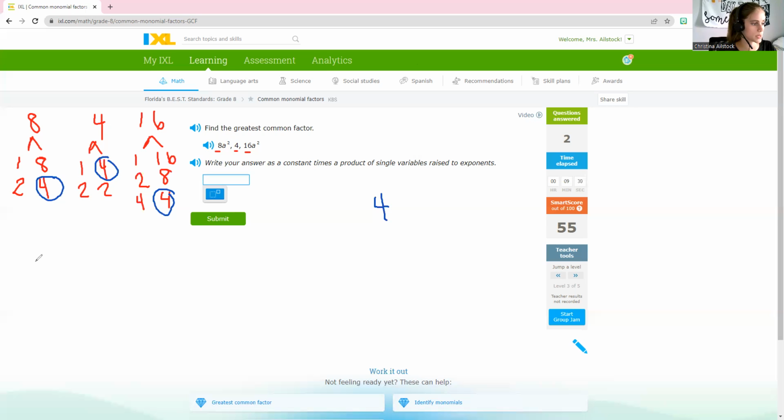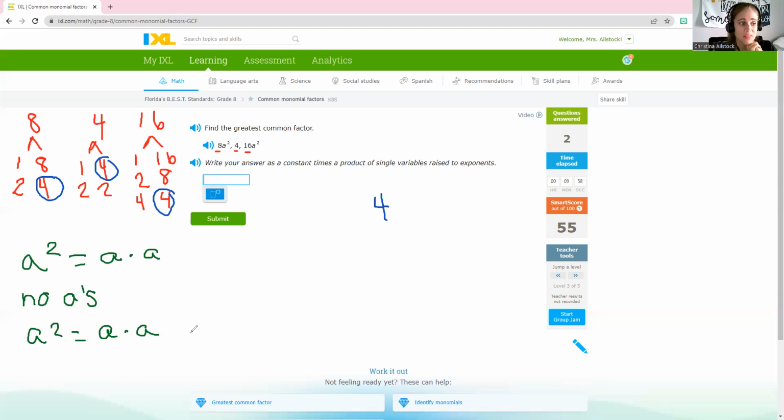For our first term here, we have a squared, which would be a times a. Ooh, for our second one, I have none, so no a's. And then for our third one, we have a squared. Do they all have an a in common?